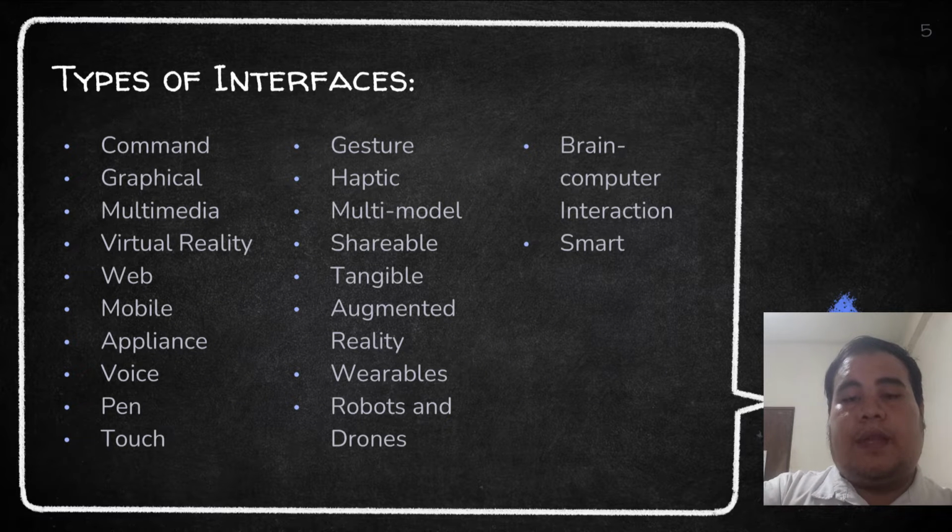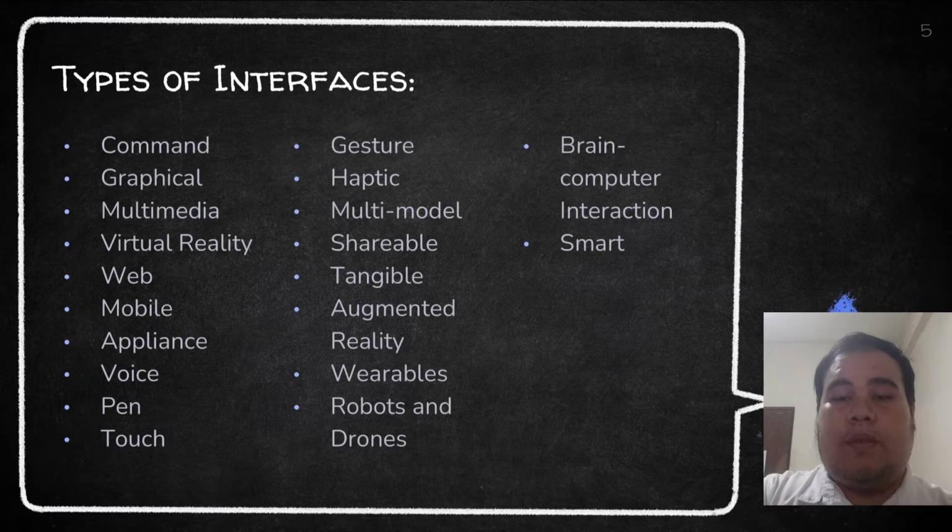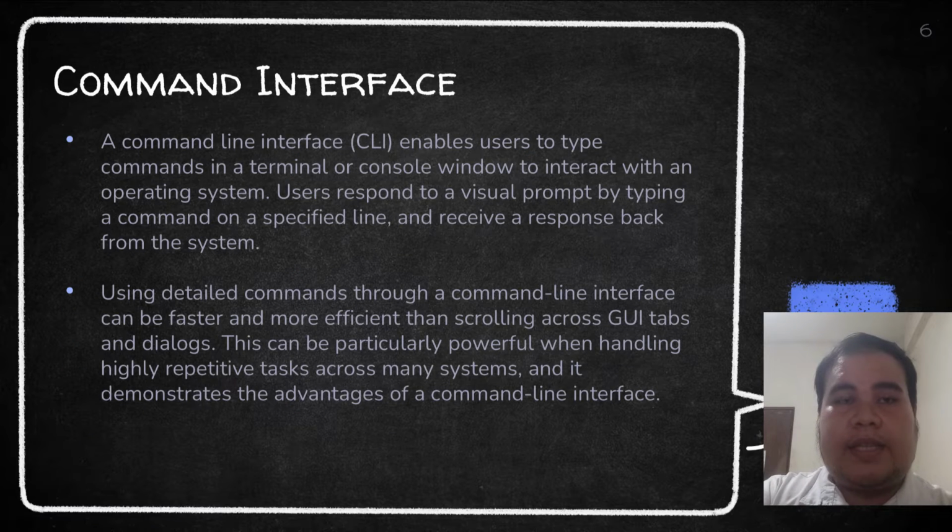The types of interfaces that we will discuss will start from command interface, graphical interface, multimedia interface, virtual reality interface, and so on, up till the smart interfaces. Firstly, we will discuss the command interface.